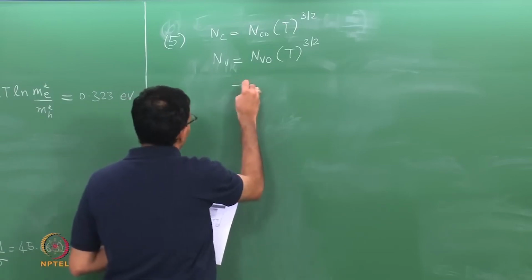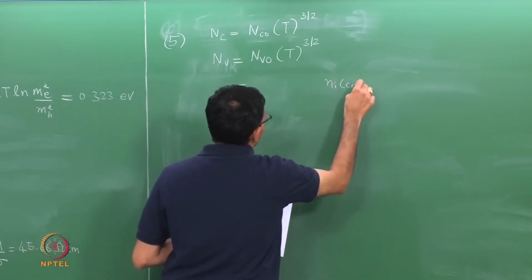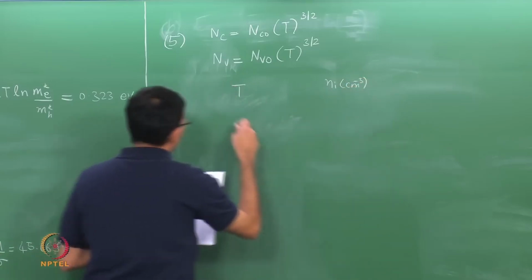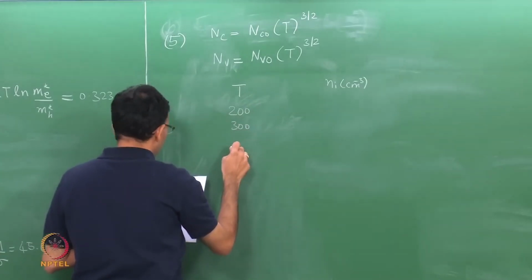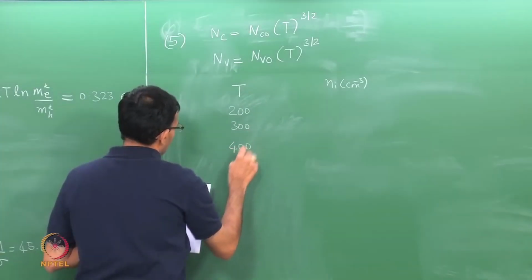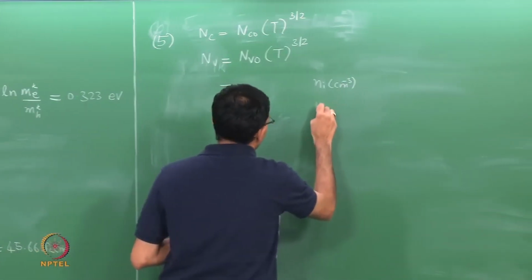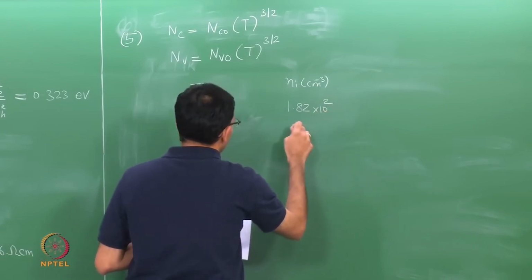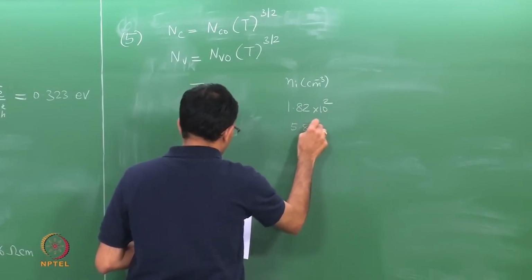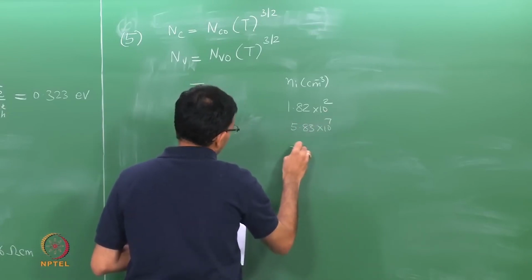So, we have temperature values of 200, 300, 400 and 500, and the values of Ni in centimeter cube.